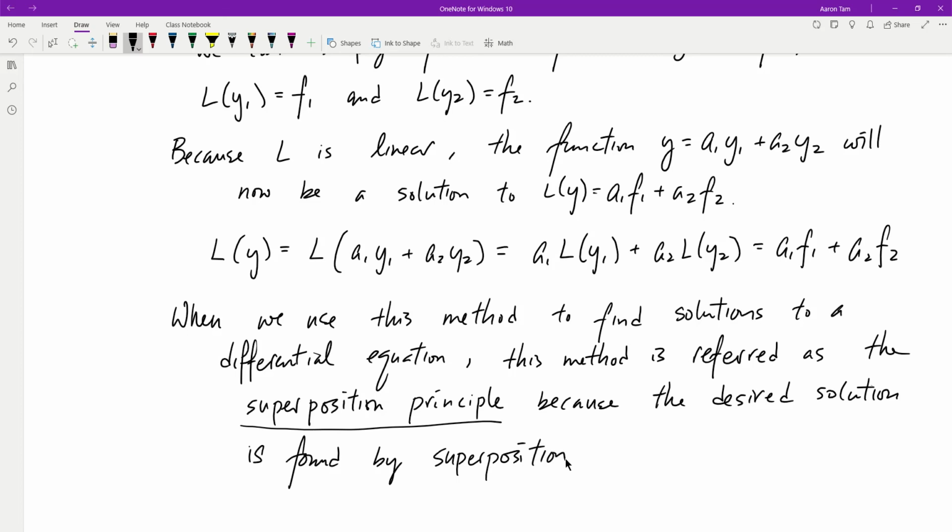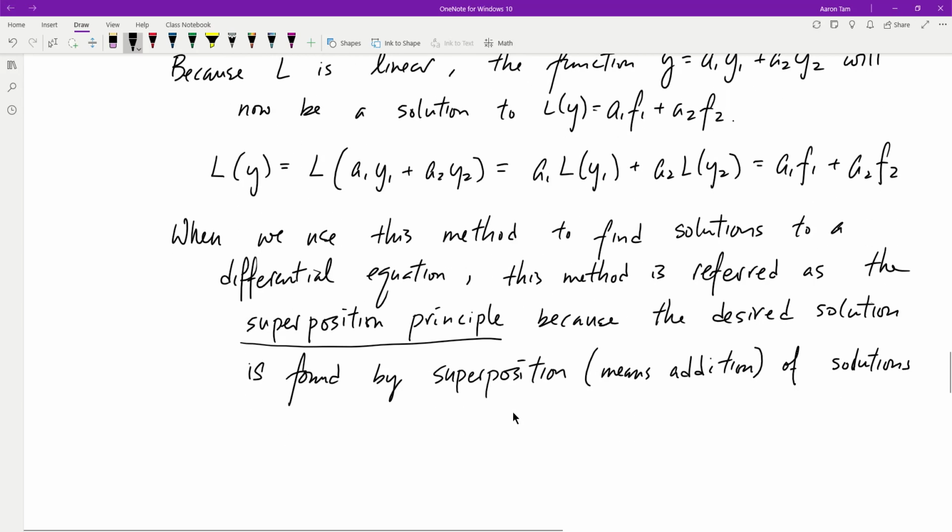And yes, superposition is a very fancy math word, but what does it basically mean? It means addition. Yes, I know. Then why doesn't it just call it addition principle? Well, because superposition principle sounds a lot more impressive than addition principle. That's why. So it's superposition of solutions of more than one equation.